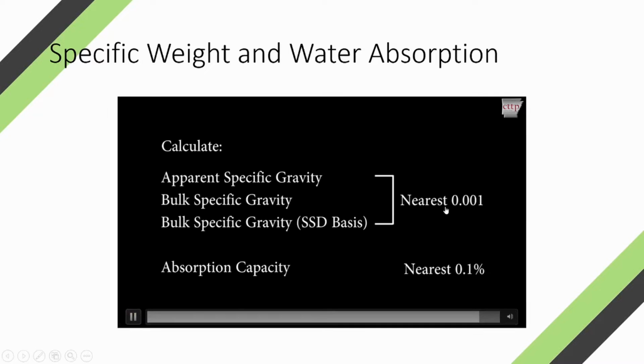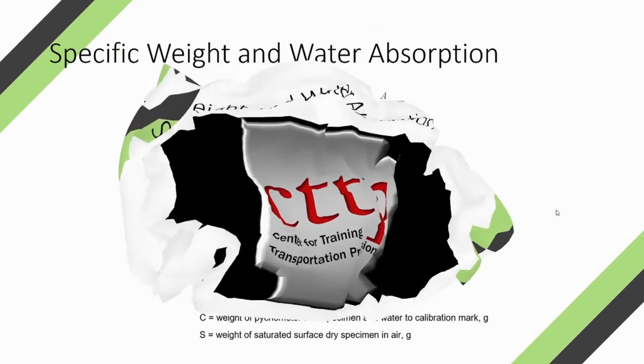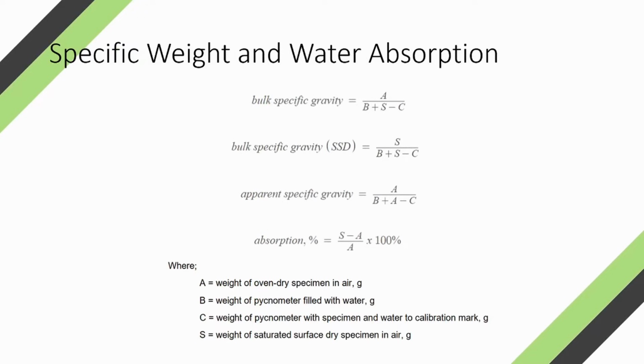Ayan. Bulk specific gravity. So, ito yung ating formula for the bulk specific gravity, apparent specific gravity, and yung ating water absorption.